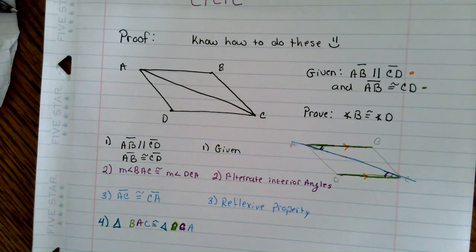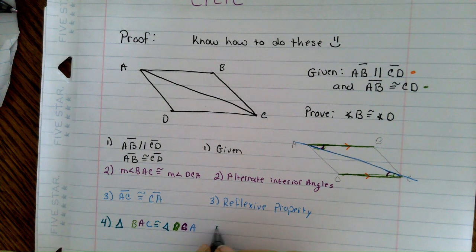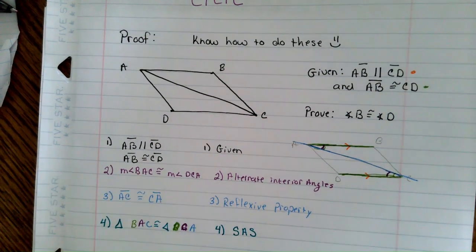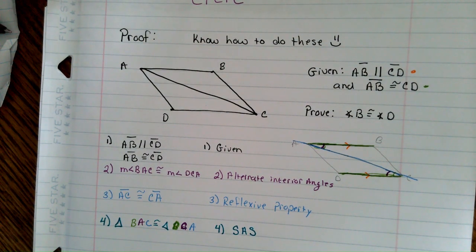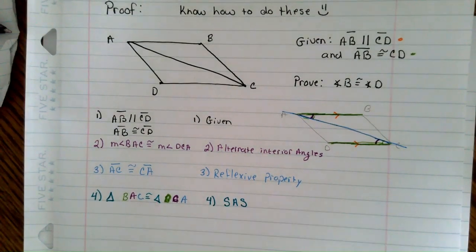We have congruent triangles, and our reason for that is side, angle, side. We marked the side, we marked the angle, and we marked the side in that order. So the good news is because triangle BAC is congruent to triangle DCA, all of the corresponding parts of the congruent triangles are congruent.